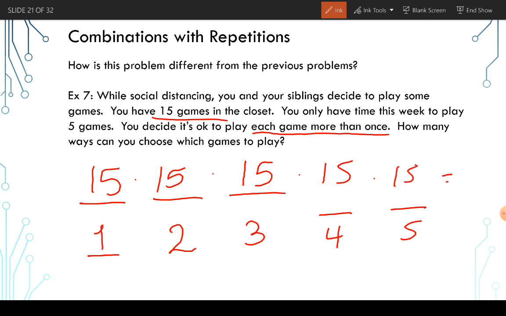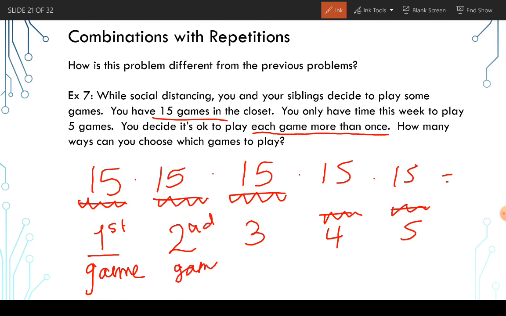Okay? These are not division signs. These are options. So this represents the first game, the second game, the third game, the fourth game, and the fifth game. Okay? So we can write 15 times 15 times 15 times 15 times 15 as a base raised to a power.